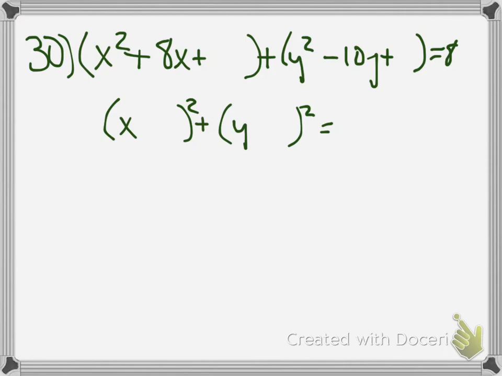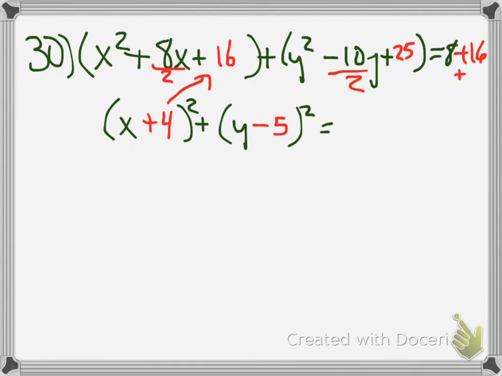So what we do is divide by 2. That will give me positive 4. And then I'm going to square 4 to get 16, and I would add that over here. Then this one I'm going to divide by 2 also, which gives me negative 5. I would square that to get 25, which I would also add right here. So 25 plus 16 plus 8 should give me 49. There is my equation of my circle.